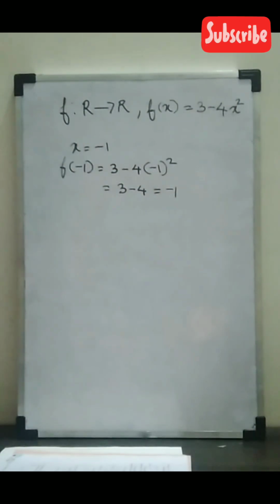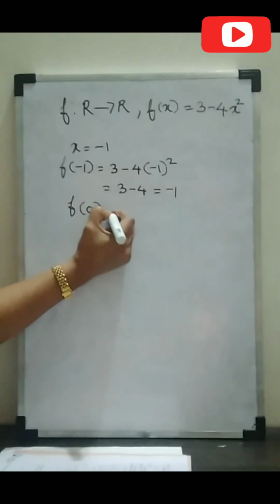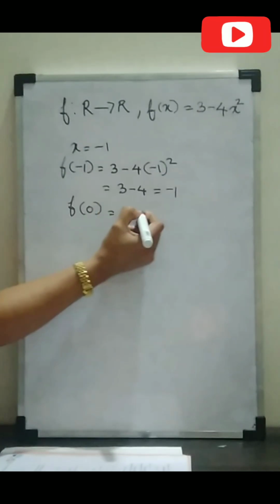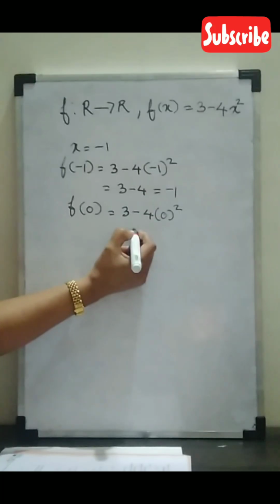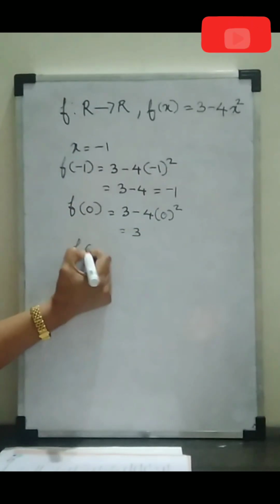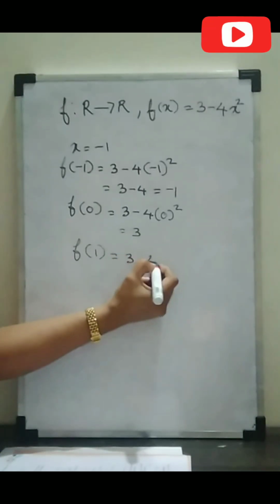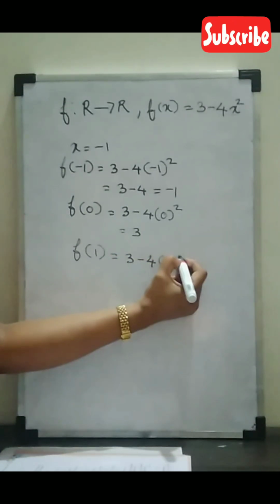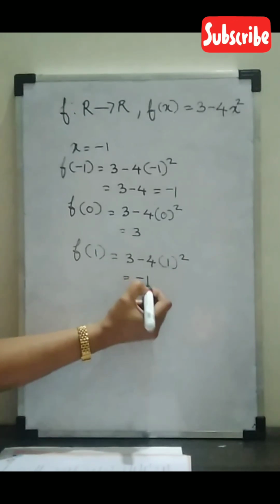Now let us take f of 0. f of 0 is equal to 3 minus 4 into 0 square, that is equal to 3, right? Now next, f of 1 is equal to 3 minus 4 into 1 square, that is equal to 3 minus 4, which is -1.